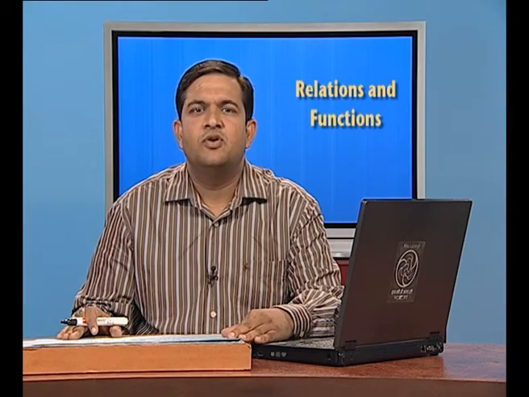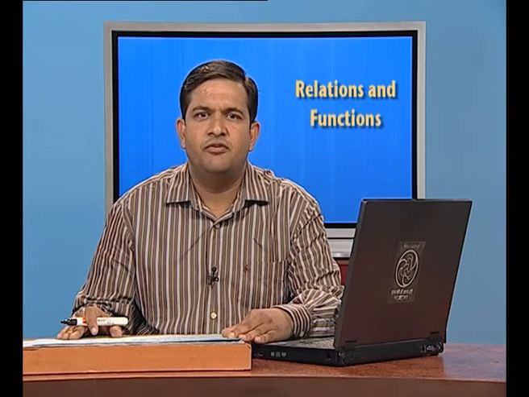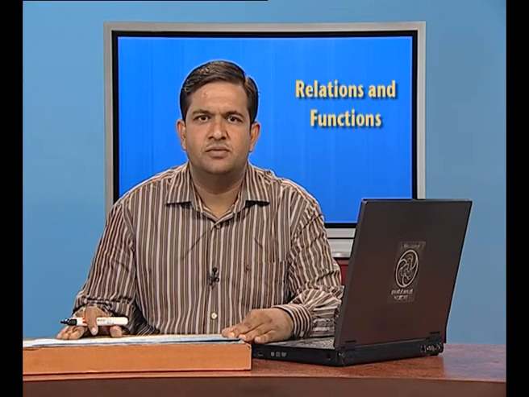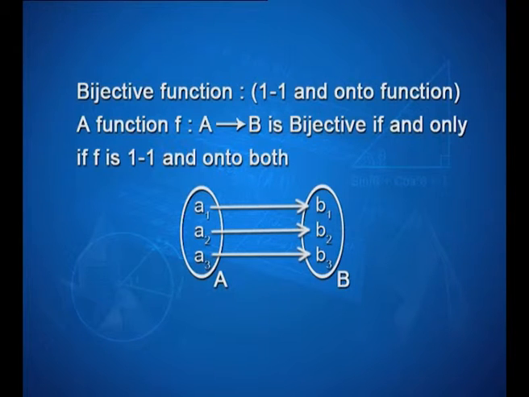This function is 1 because every element of A is related to a unique element of B. This function is also onto function. So, we can say this function is bijective function. In case of bijective function, number of elements of A should be equal to number of elements of B.